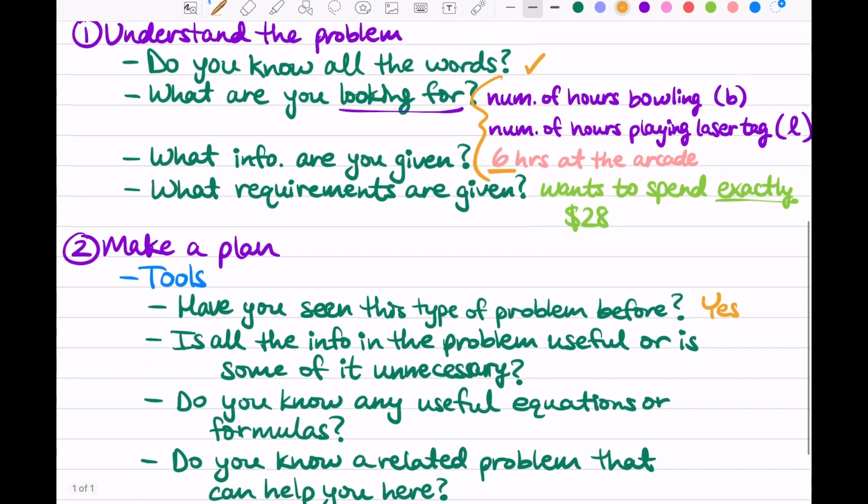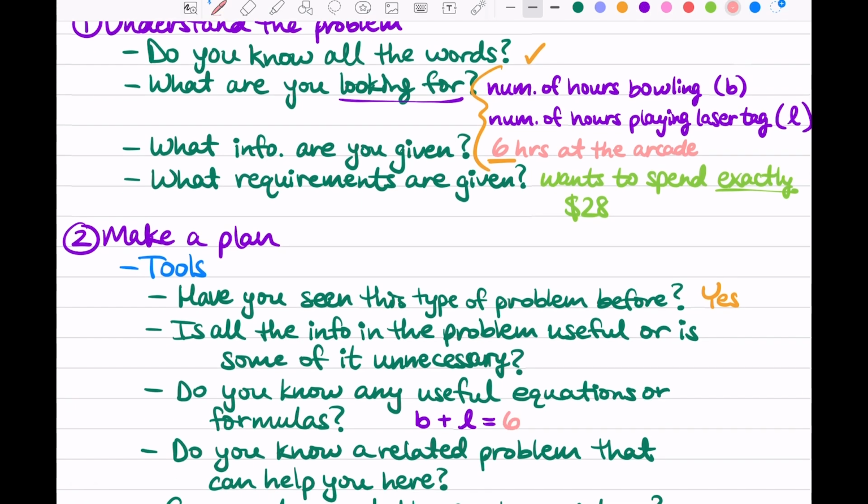So we can say that the number of hours B plus the number of hours L is equal to 6. We don't know how long he's going to bowl and how long he's going to play laser tag, but those two numbers have to add up to 6.